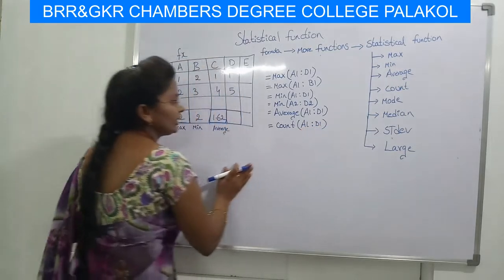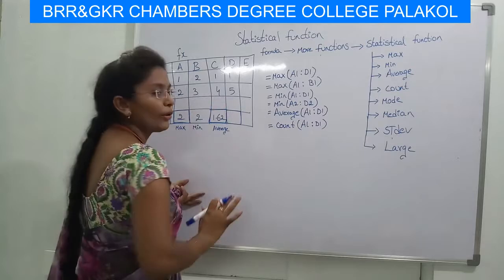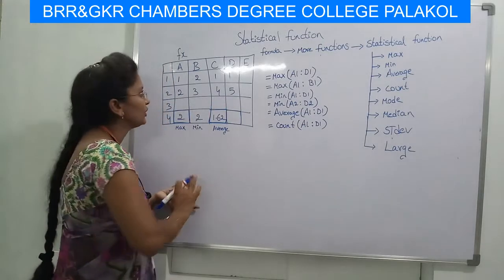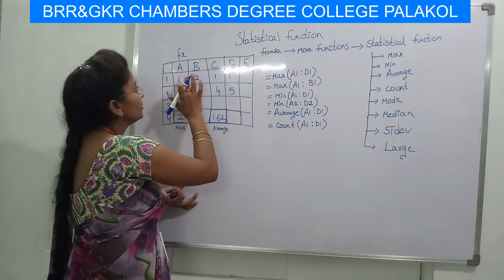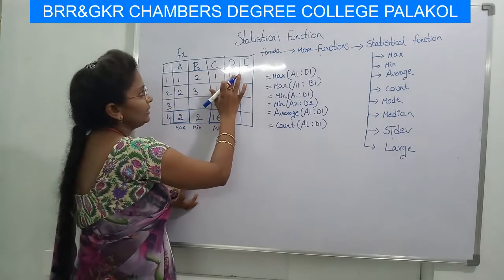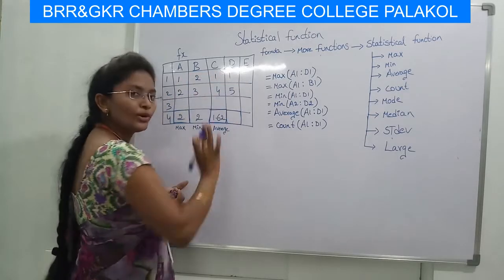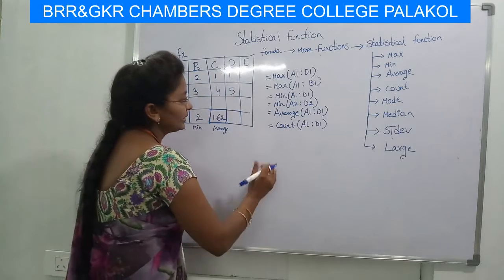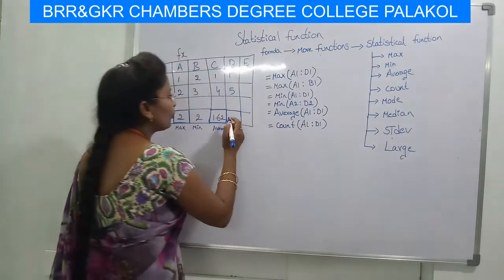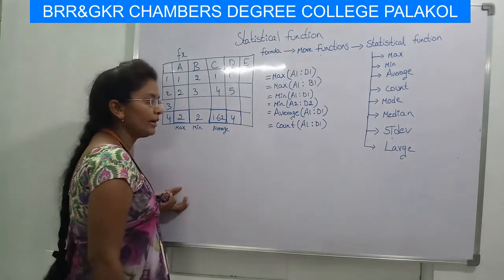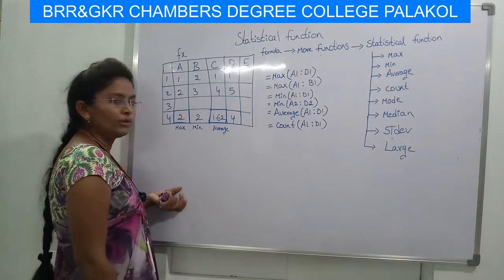It will check the numbers entered in the Excel sheet, that means A1, B1, C1, D1. 1, 2, 3, 4 cells appear, so the count is 4. The number 4 is displayed in the D4 cell.